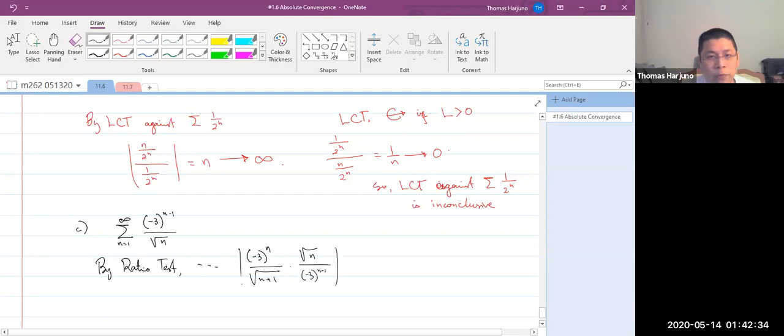With absolute value, I will get 3 times square root of n over n plus 1.